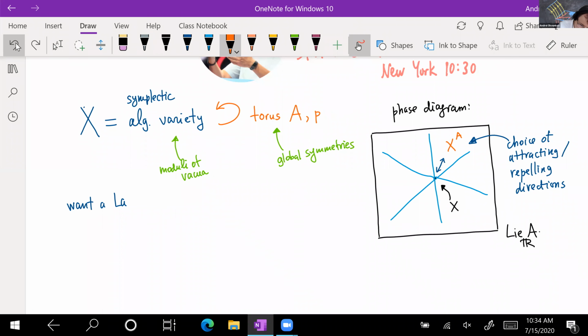Take this and tensor with L. Then we get L, which surjects to L restricted to Z prime, with the kernel, for which there is no better notation, just L tensor the ideal sheaf.